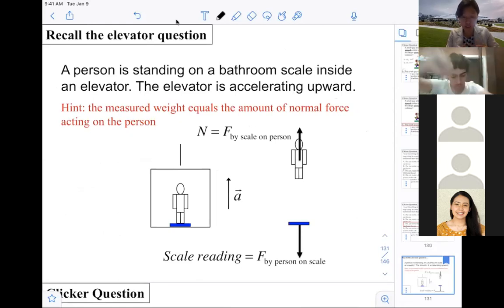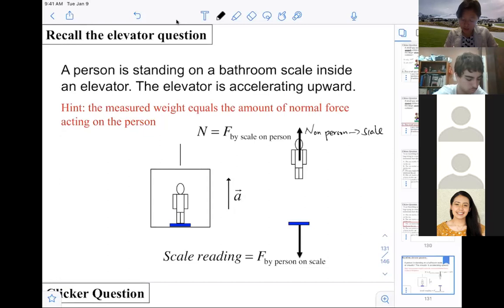Let's look at the normal force acting on the person. It's upward, and this force is acting on the person by the scale. So using Newton's third law, the person must exert a force back on the scale.